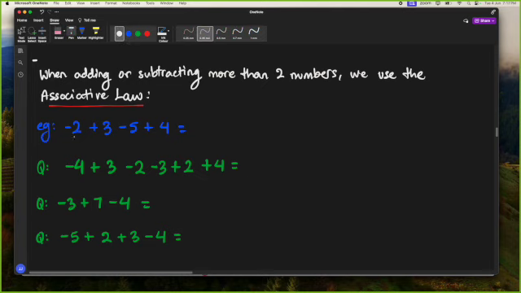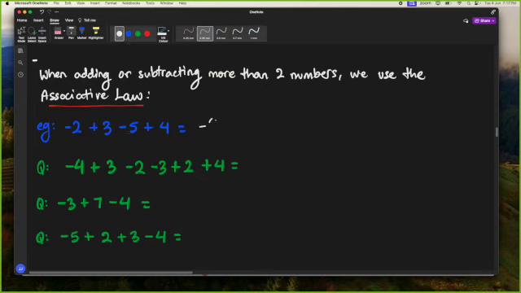So you could see that I have negative 2 and a negative 5, so that is minus 2 minus 5. I have a plus 3 and a plus 4. It's the same question. Nothing changed here. I just rearranged the numbers, but I keep the sign.